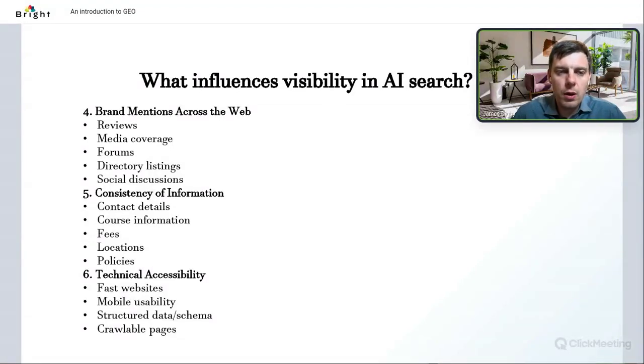So where those backlinks are still relevant will be in terms of brand mentions, but within AI search results or generated results, one interesting thing is that those reviews don't necessarily always have to link through to you. So if you do have lots of reviews, then that's going to really help. Media coverage, ideally positive media coverage. Forums, so potentially parent forums for schools or for exam boards or for tutors, whatever it might be that your organization does.